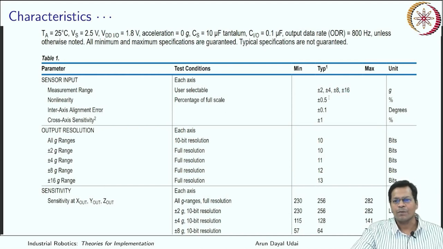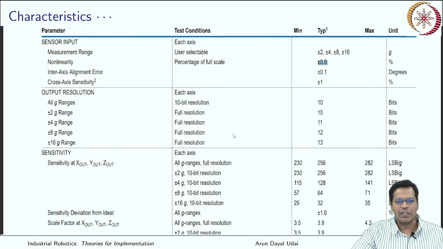Non-linearity is there. So it is expressed as a percentage of full scale. So maximum will be 0.5% of non-linearity. That is the error that you can see. Misalignment error is there. So cross sensitivity is there. So different range. So this is your resolution, 10 bit of resolution. That means 0 to full scale.